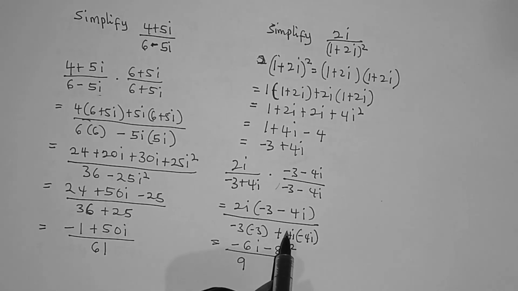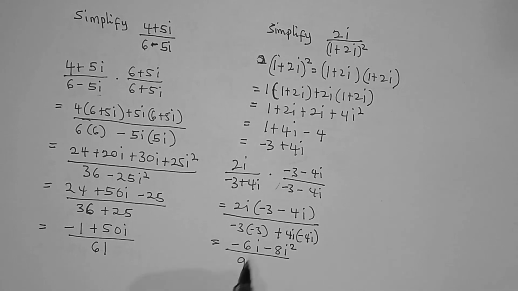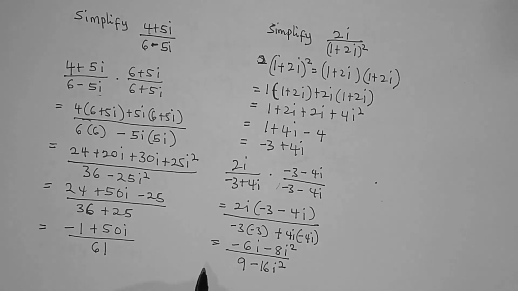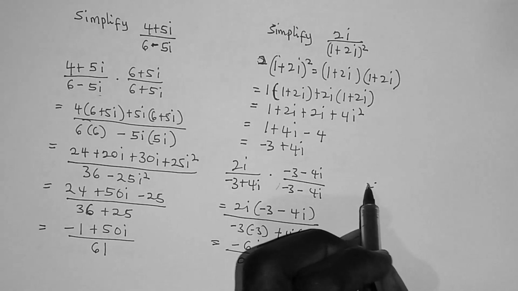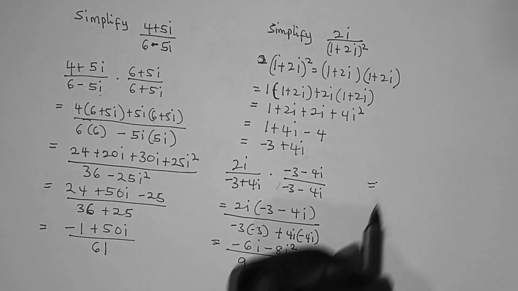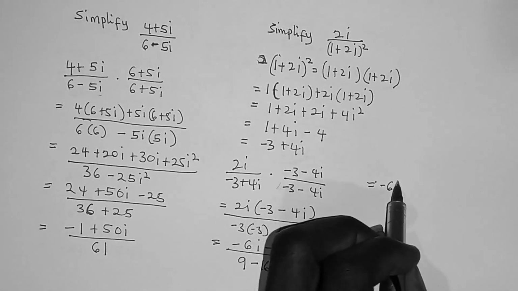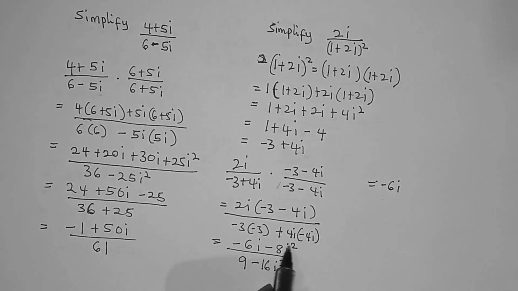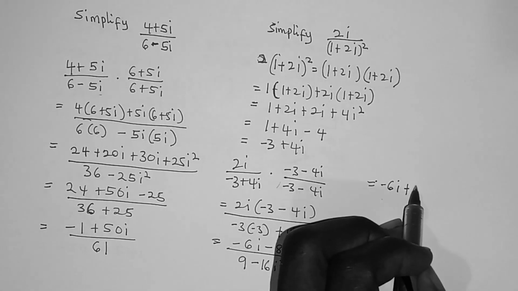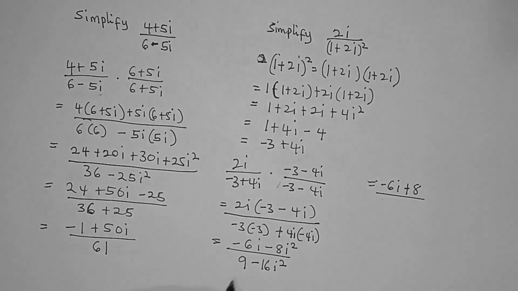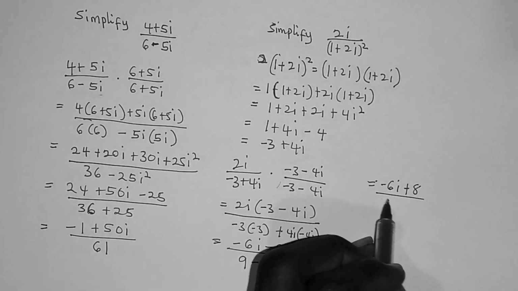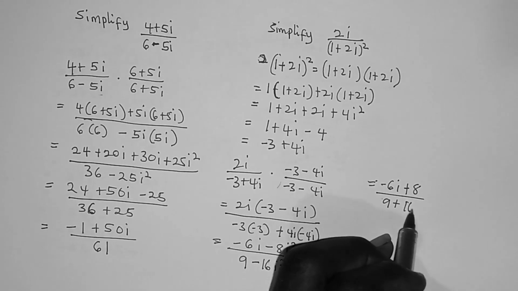Then here is 4i times minus 4i is minus 16i squared. So this is equal to minus 6i, then minus 8i squared becomes plus 8 divided by 9, then minus 16i squared becomes plus 16.